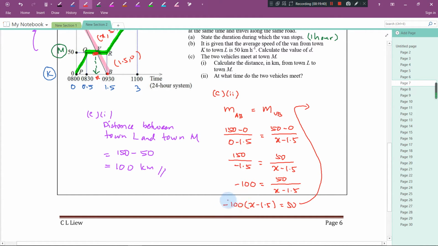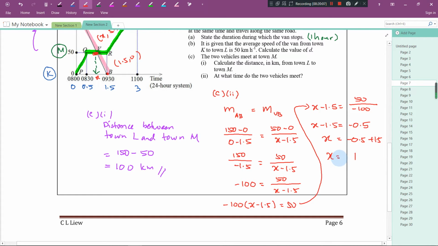You just bring the negative 100 down here and it becomes divide. Just press the calculator. This is negative 0.5. Negative 0.5 plus 1.5, so x is equal to 1.